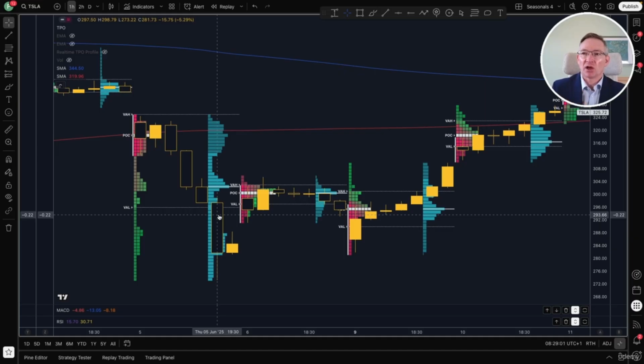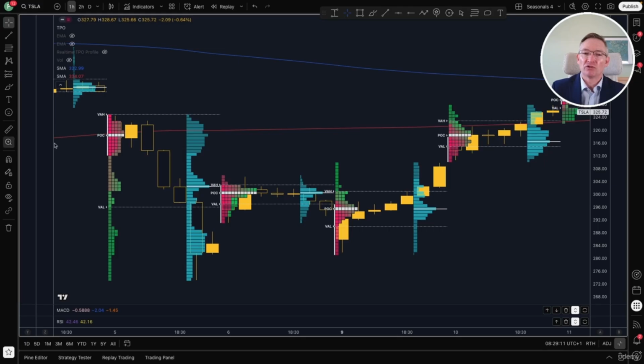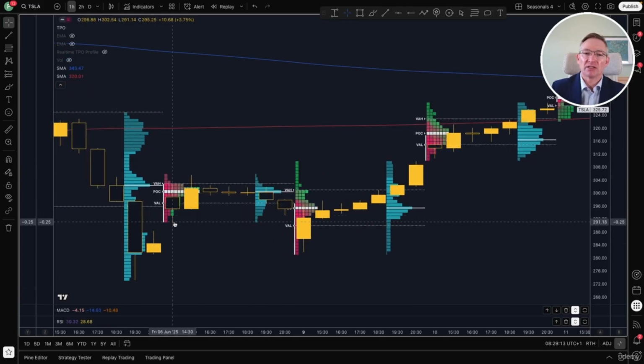So it's a kind of proxy for volume because you can see where people are most interested and where transactions are most often occurring. Now that helps you move from trading based on where price touched to where price has been accepted. And this is very useful for identifying high conviction support and resistance areas.